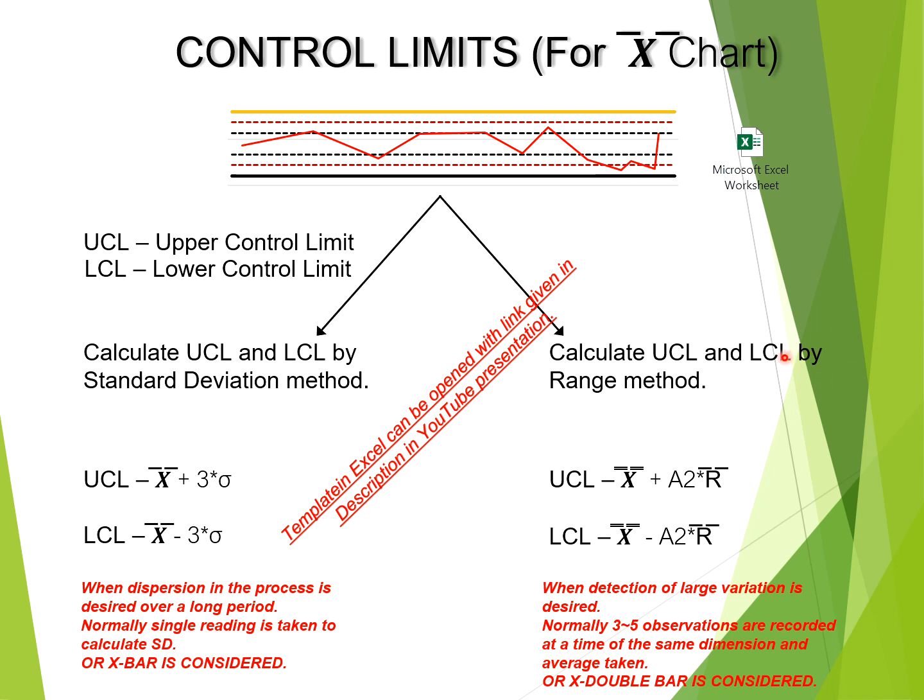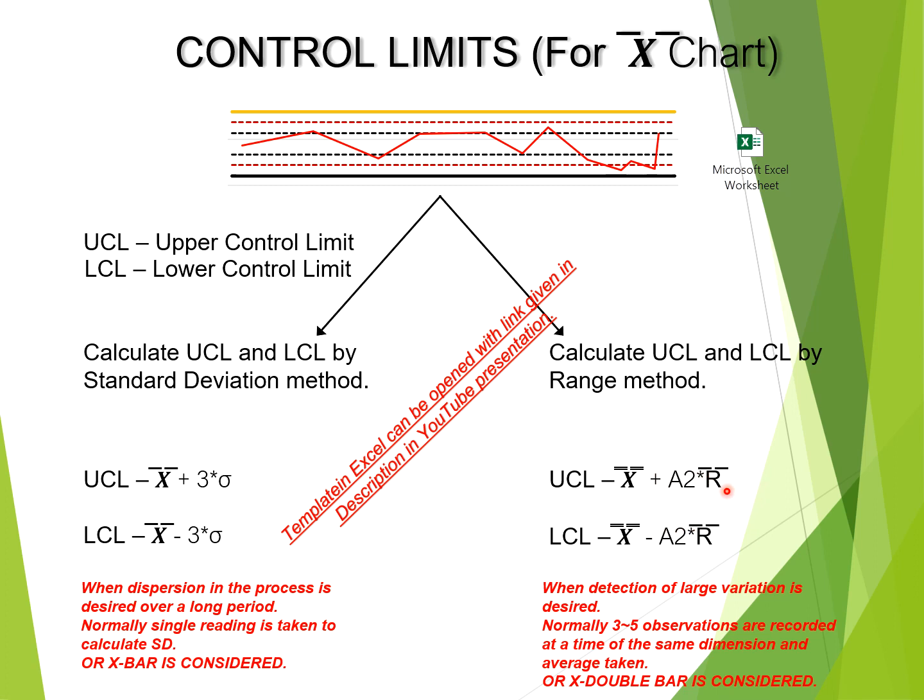To calculate upper control limit and lower control limit by range method, we need to calculate the X double bar. Two times we have to take the average of the readings. And then after that we have to select the constant. This constant is selected based on the sample size. This constant, A2, is multiplied by R bar.